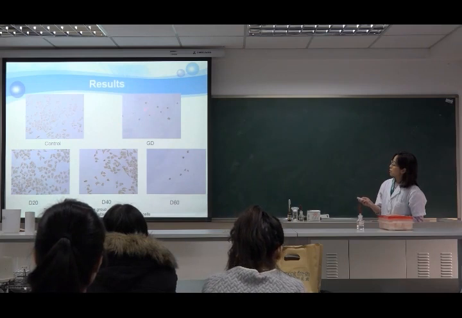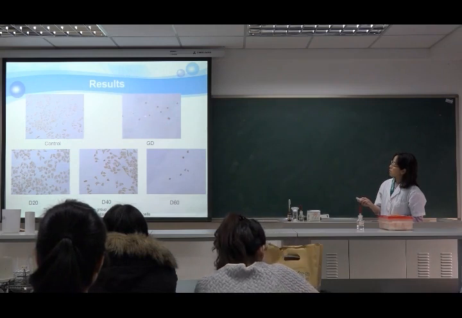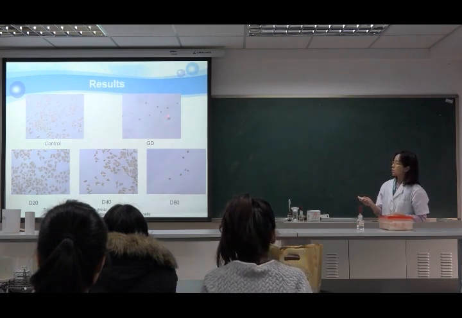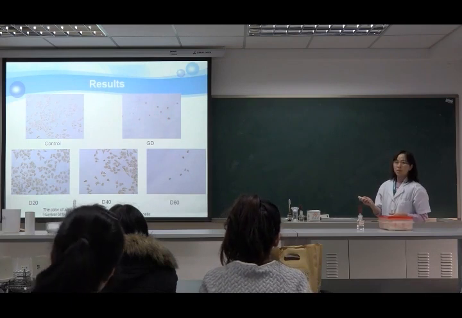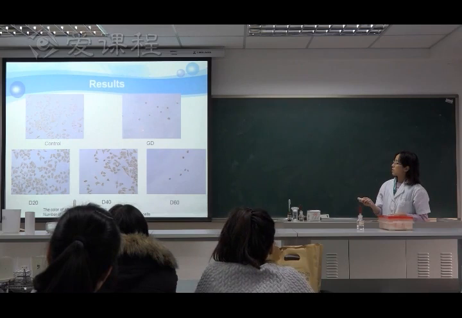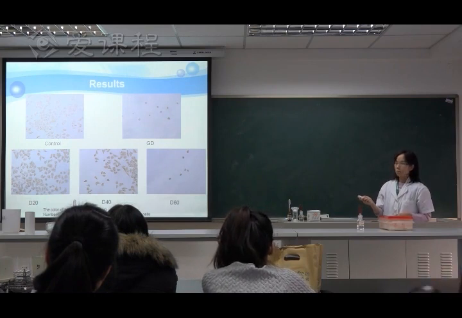We can observe that there are fewer cells in the glucose deprivation group, and the color of the cells in the GD group is deeper than the control group. From this, maybe we can conclude that there are some Bax conformational changes in the glucose deprivation group.